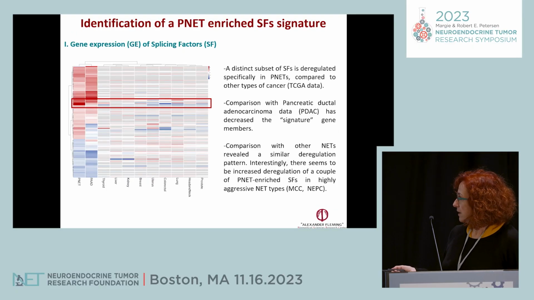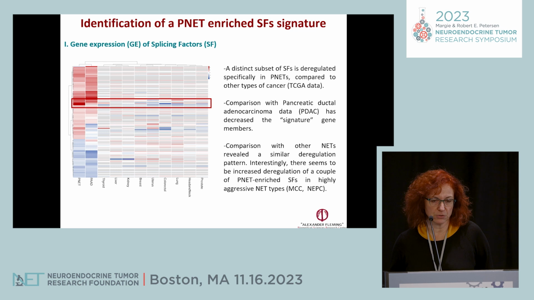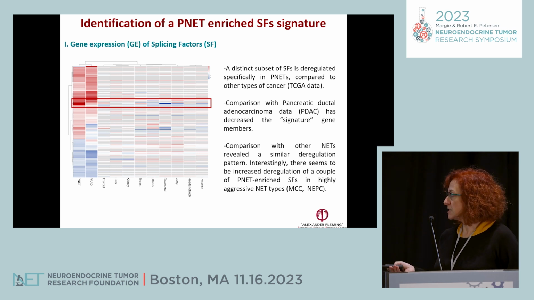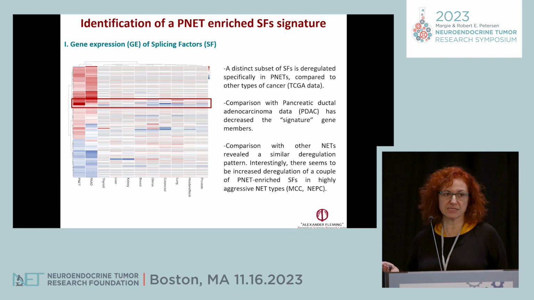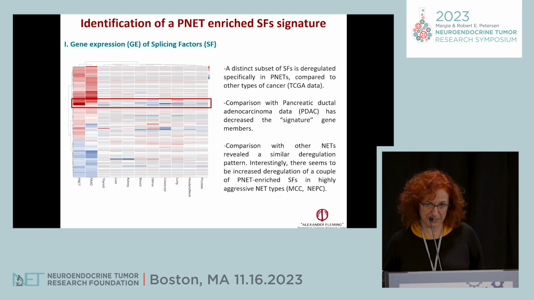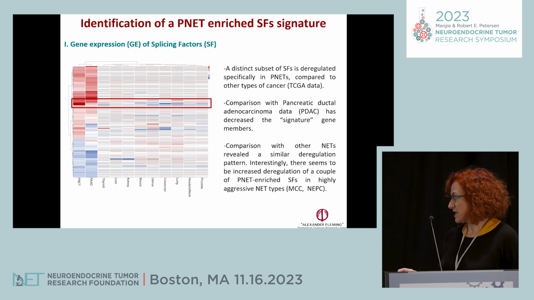So we also wanted to identify, if there was such a possibility, a splicing factor signature that might be specific for PanNETs. To do that, we compared the expression levels of the splicing factors that are deregulated in PanNETs to their expression levels in other cancer types from the TCGA database. And we did get a small subset of splicing factors that seem to be deregulated more specifically in PanNETs compared to these other types.